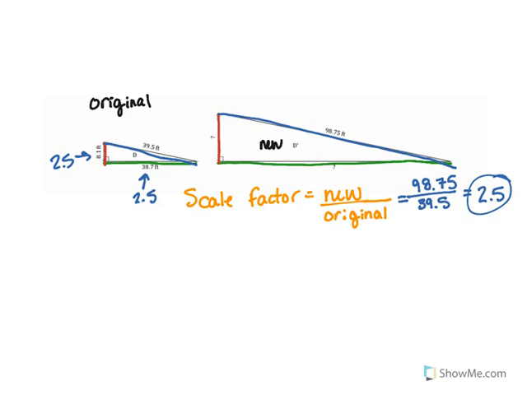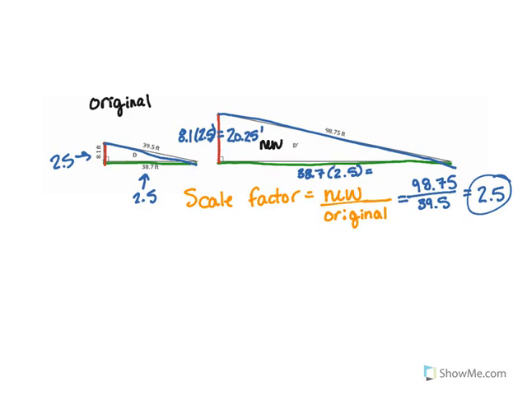So the first one is 8.1 times 2.5. I'm going to put this in parentheses, it looks nicer. This one is 38.7, because the green sides go together, times 2.5. So the first one, 8.1 times 2.5 is 20.25, and it's feet.